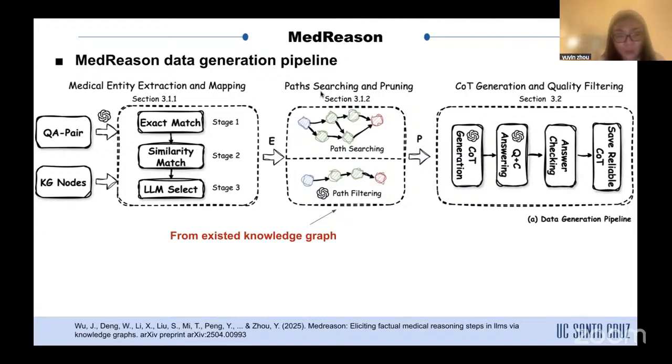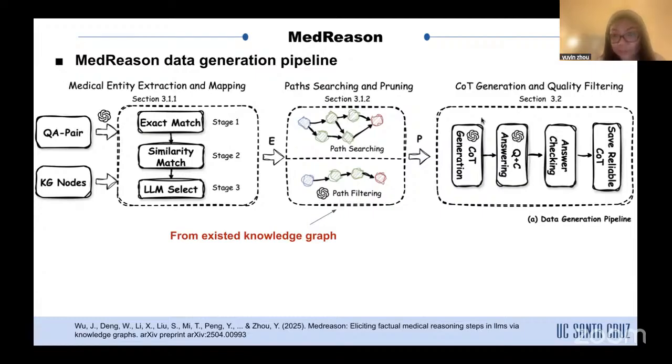And second, we use path searching and pruning, to find the paths that trace from the starting point, which is the entities from the question set, to the entities from the answer set. We search different paths and do path pruning to reduce the number of paths from the knowledge graph.